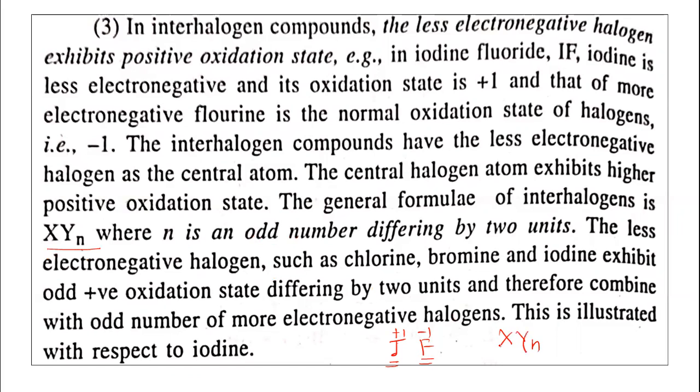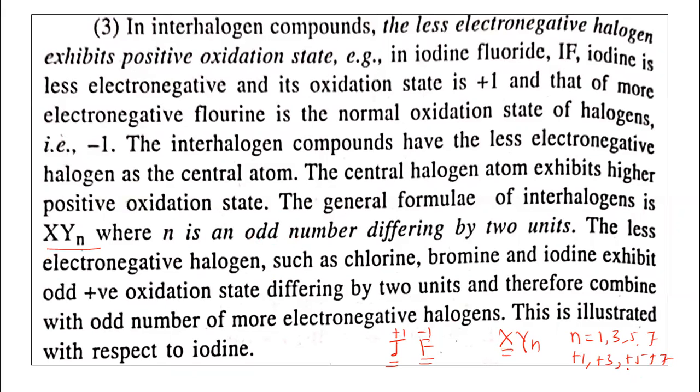In this general formula, X is the less electronegative element and Y is the more electronegative element, and the value of n is an odd number: 1, 3, 5, 7. So this less electronegative halogen element shows +1, +3, +5 and +7 oxidation states.